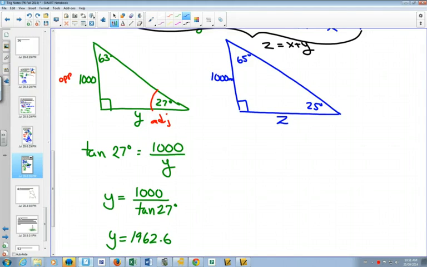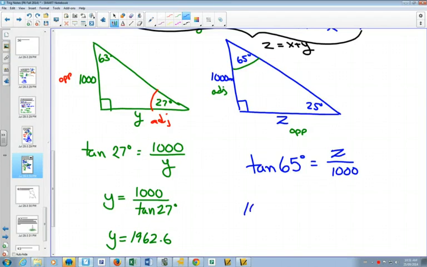Same thing can happen with our other triangle. Pick an angle, 65 or 25. 65. If I want to find z and I'm using 65, z is the opposite side, and I know the adjacent side. So I'll use tan again. Tan of 65 equals opposite over adjacent.